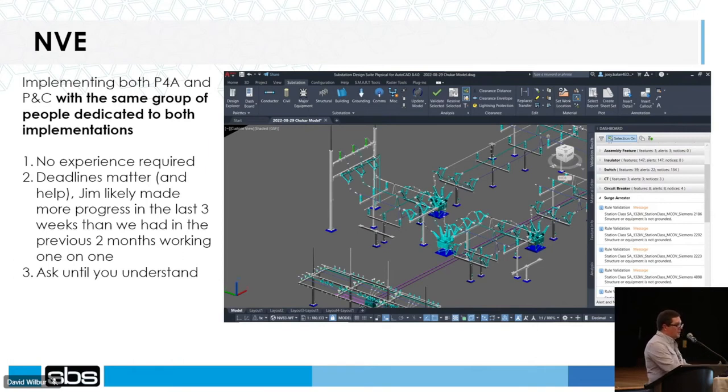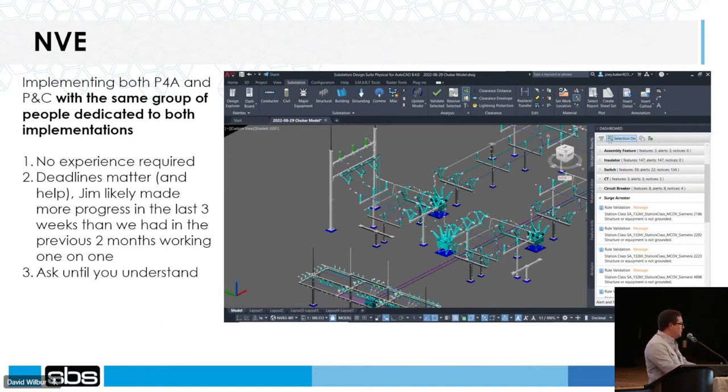I think that does speak to, from a substation technology perspective, the P4A technology. Quite frankly, we're running circles around what we've been able to do over the last 10 years working with various organizations to implement substation design technology, getting to a place within just 2 to 4 months where you can have these kinds of models with your structures, your equipment, and your data embedded directly into the application.